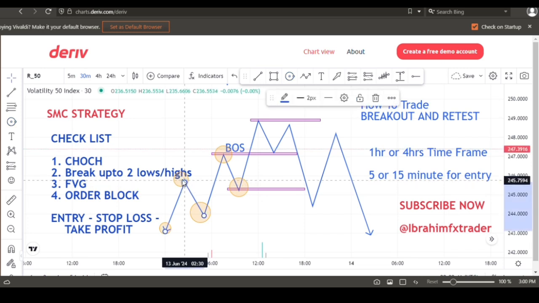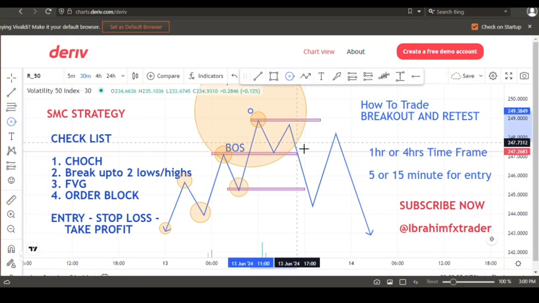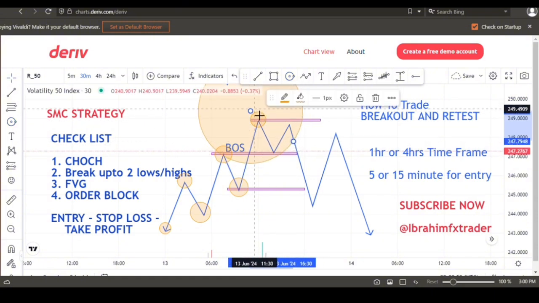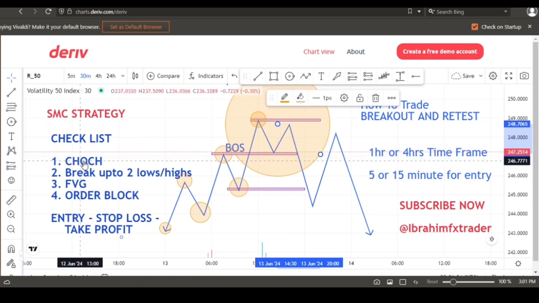But right here, the trade reversed and formed something here that is an M pattern, which creates, from our checklist, a change of character right here, which creates this low.